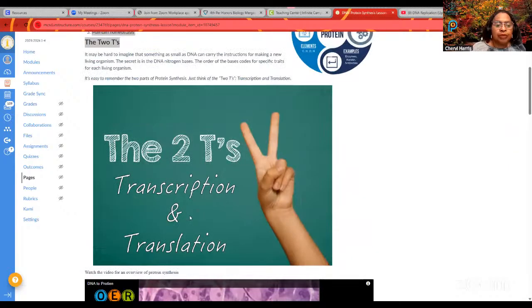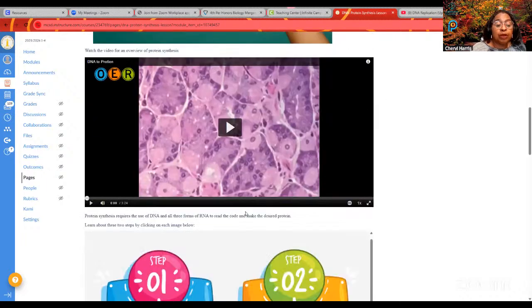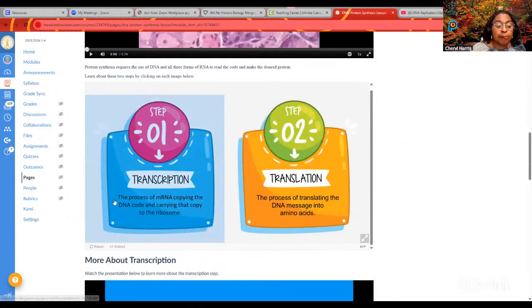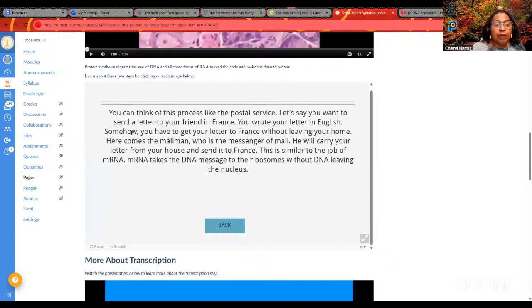All right, so again, there are two words that you have to remember and the order in which they occur. Transcription is when we are copying the information from the DNA. So the same way we looked at replication, the DNA is going to unzip. The other thing that you need to remember is the monomer.